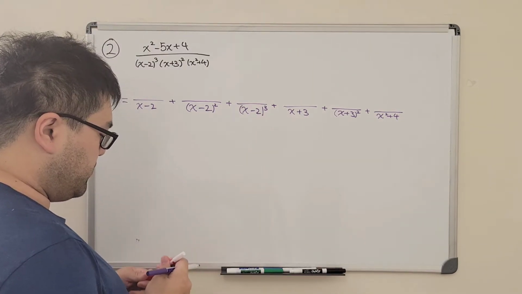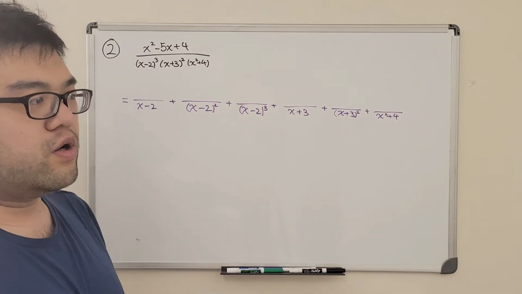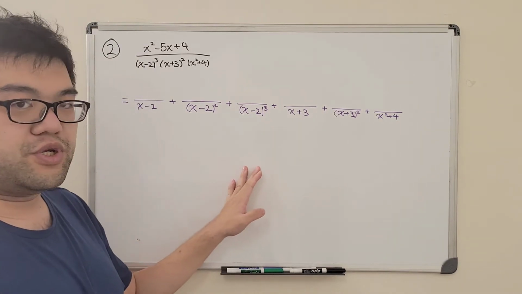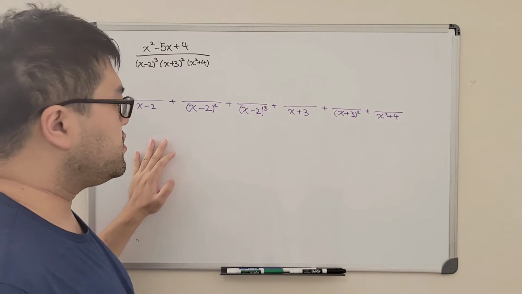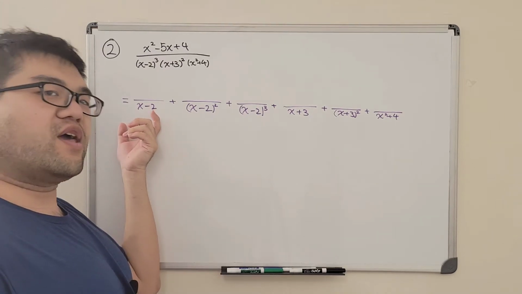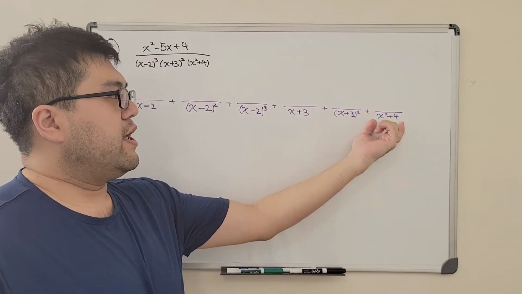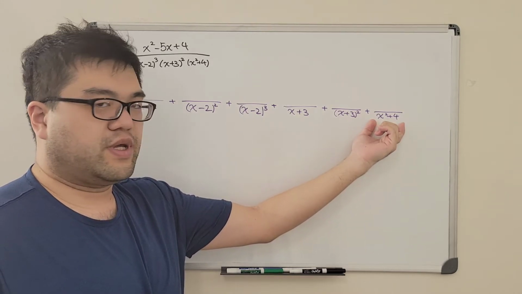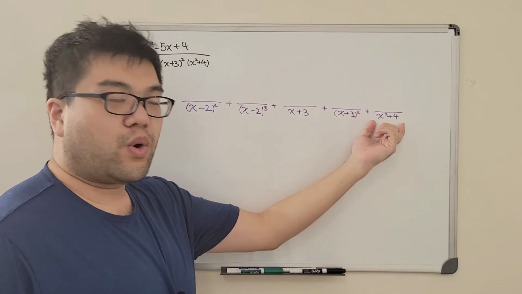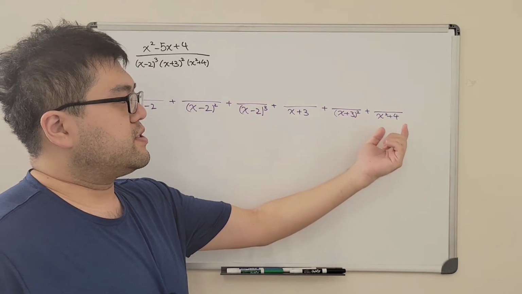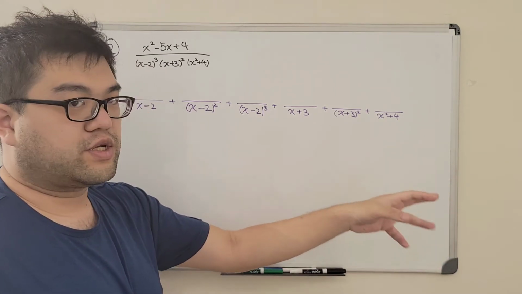But there is one thing that we cannot really do when we have partial fraction decomposition using the residue method. We always want to keep in mind that we want to have some x plus something term in the denominator raised to some power, instead of having something such as x squared plus whatever or x cubed whatever.